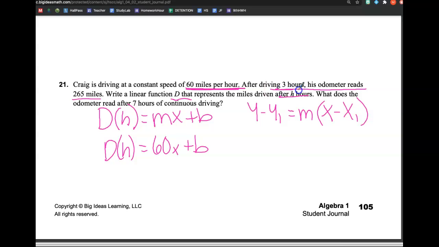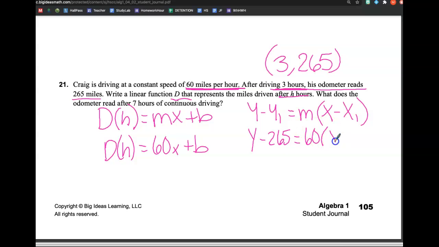So since we are given a coordinate point after driving 3, and since h is my x coordinate, it would be my x, and then 265, and that's my y coordinate. So y minus 265 equals, my slope is 60, x minus 265.